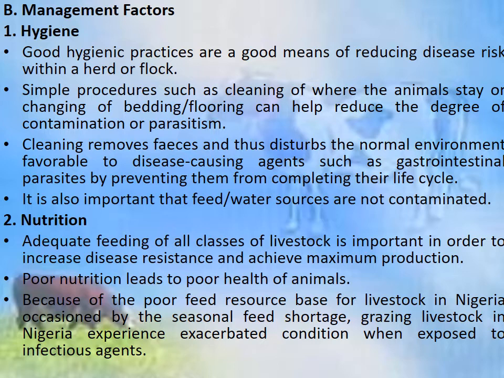Removal of feces from the environment of the animal is a good way of reducing gastrointestinal parasites, as these usually break the parasite cycle, so they cannot have an effect on the animal. It is also important that feed and the water sources remain uncontaminated.